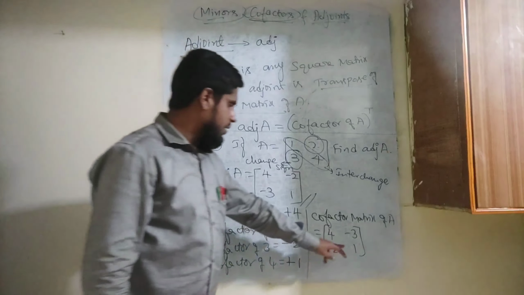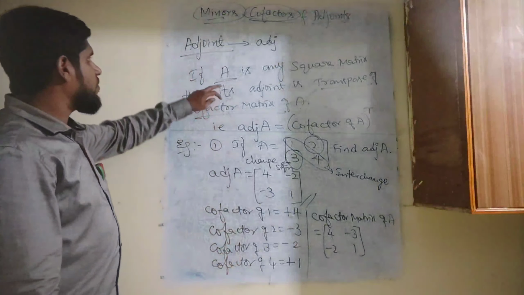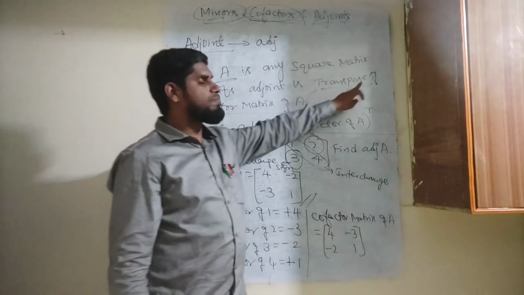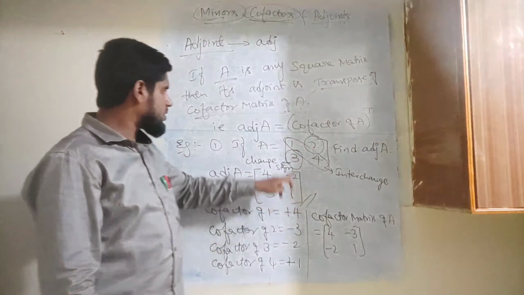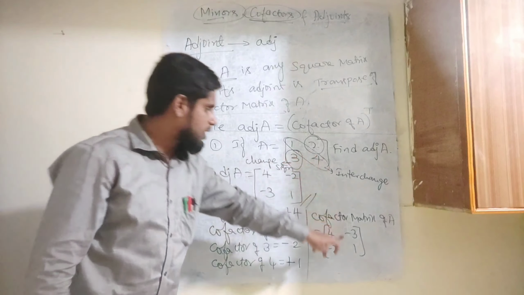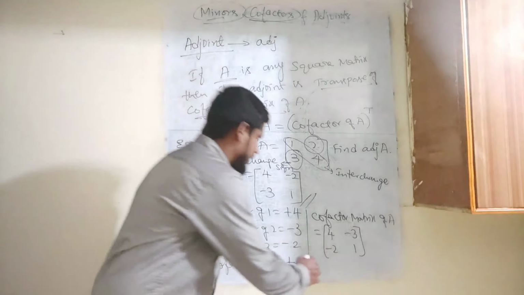So this is the cofactor matrix. Now what is the definition of adjoint? It is the transpose of the cofactor matrix. Now if I want to find the adjoint, I should take the transpose of this matrix. So let me take the adjoint now.